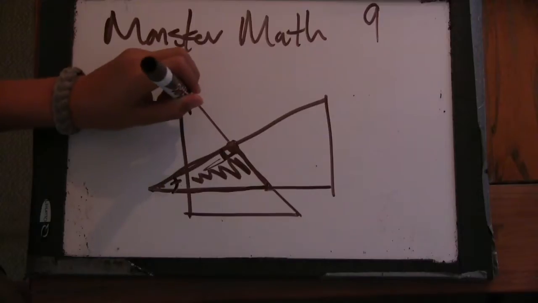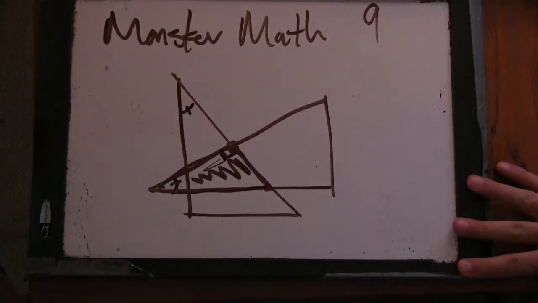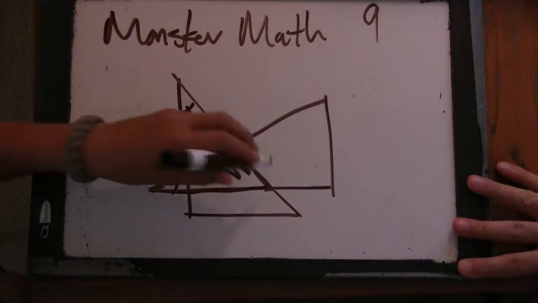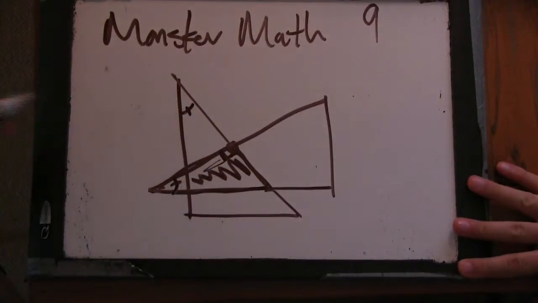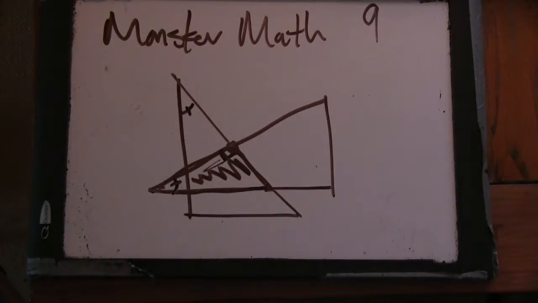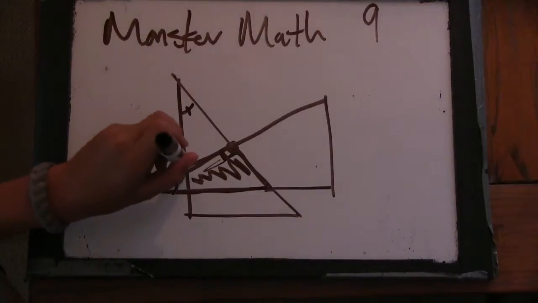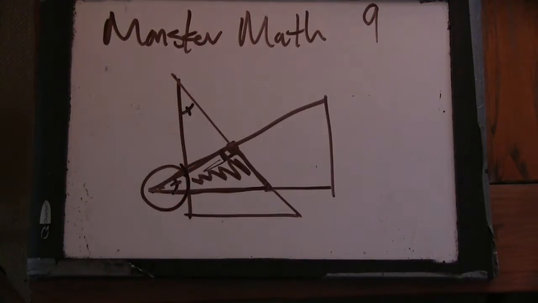Very good observation. It's not a 3, 4, 5 right triangle, but it's similar to a 3, 4, 5 right triangle. Once I figured that out, I needed to figure out what this part is so that I could subtract it away.